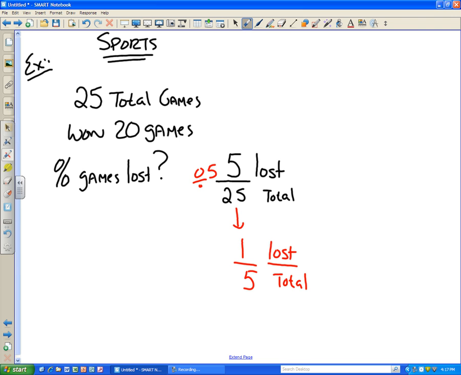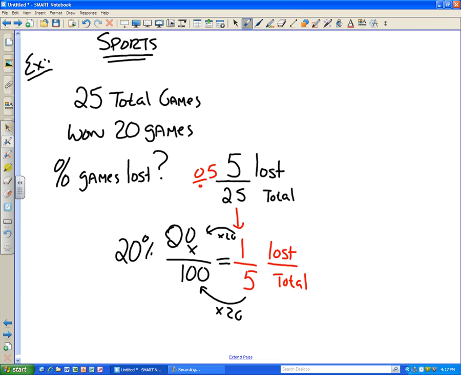I can use a proportion to figure out what 1/5 is. Put it out of 100. 5 times 20, which is 20 out of 100, which is I lost 20% of my games, which then tells me that I won 80%.